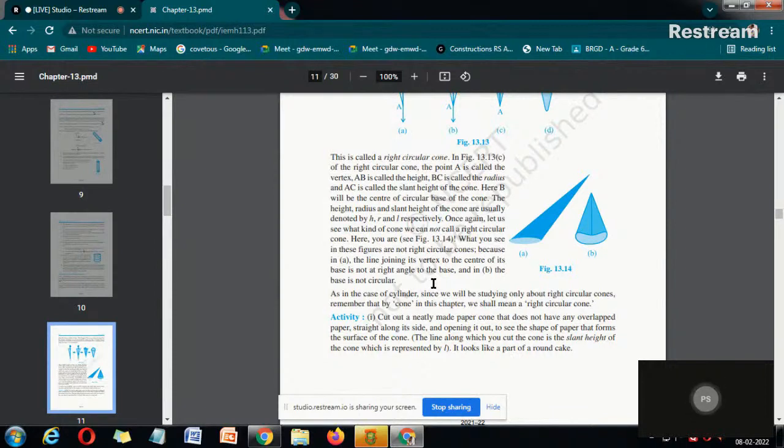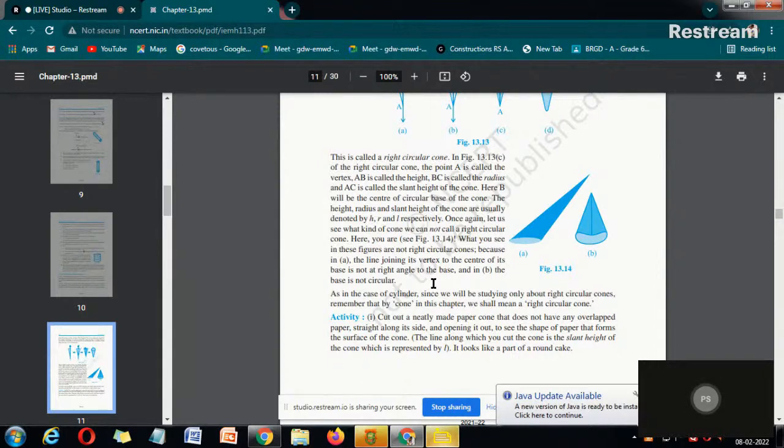Once again, let us see what kind of cone we cannot call a right circular cone. What you see in these figures are not right circular cones because in A the line joining its vertex to the center of its base is not at a right angle to the base, and in B the base is not circular. As in the case of the cylinder, since we will be studying only right circular cones, remember that by cone in this chapter we shall mean right circular cone.